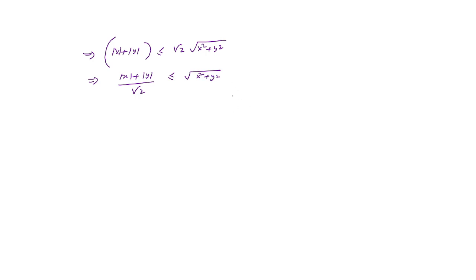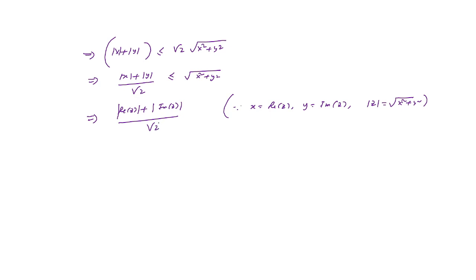So here you just see what is x. x is basically real z. What is y? y is basically imaginary z. And what is modulus of z? This is basically root under x square plus y square. So just put all these values and you will get the modulus of real z plus the modulus of imaginary z, by root 2, is less than or equal to mod z.